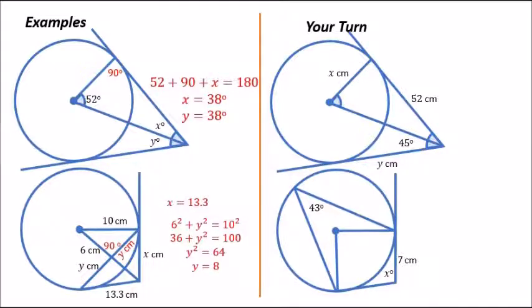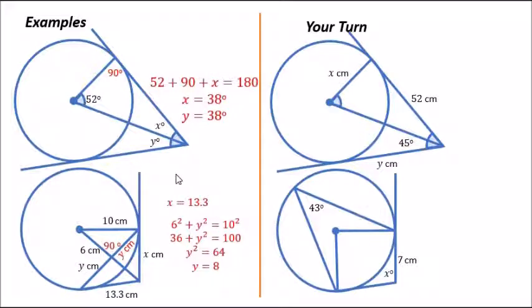And because we have a tangent here and here, it means that the line from that point where the tangents meet to the centre bisects this angle, which means it splits this angle in two equal pieces. So x therefore is going to be the same as y. So if this is 38, then y is also going to be 38.